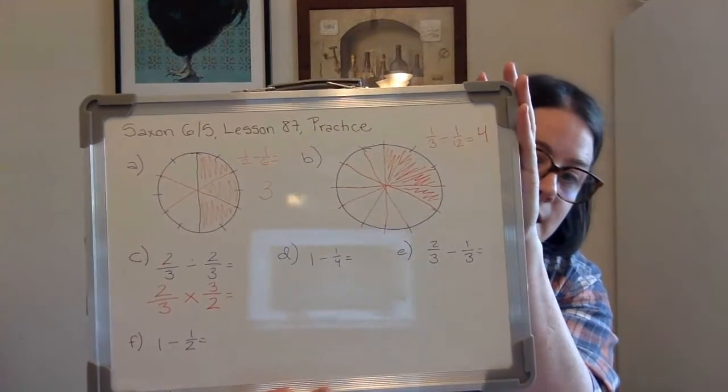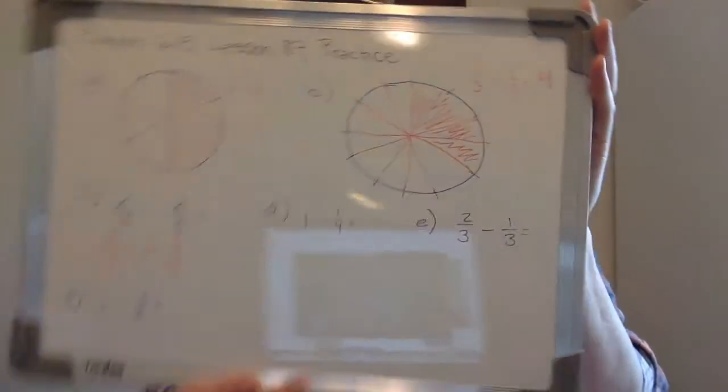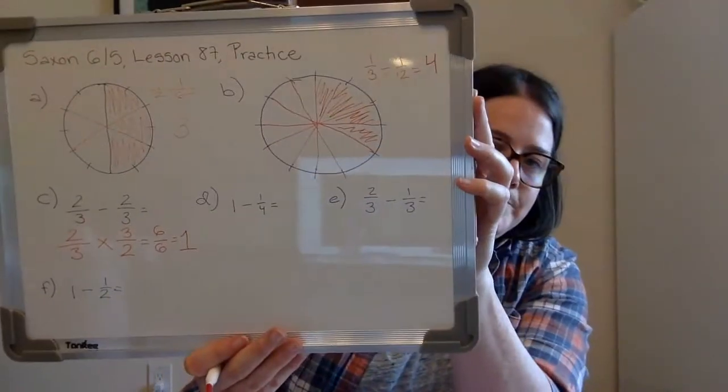So that is my equation. Then I solve. 2 times 3 is 6. 3 times 2 is 6. 6 over 6 equals 1. Okay? If you want, you can think it through. 2/3 divided by 2/3 is asking how many 2/3 pieces are there in 2/3? Obviously, 1. Great.